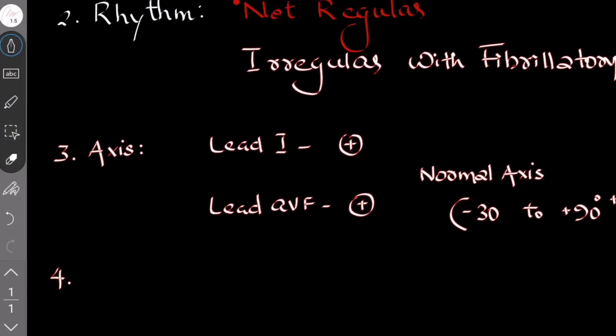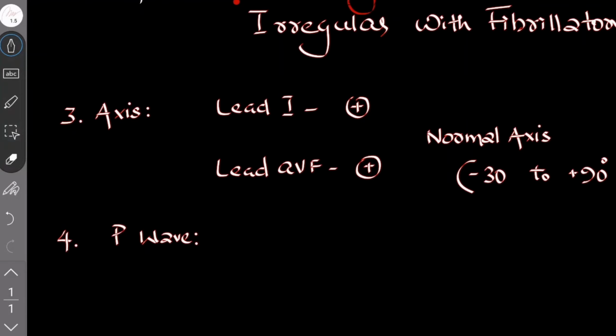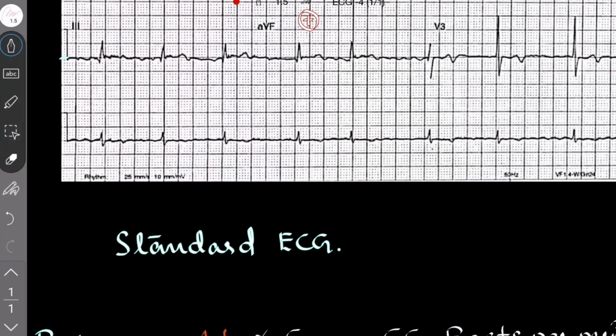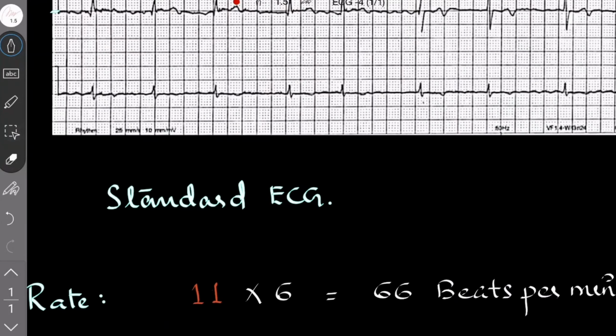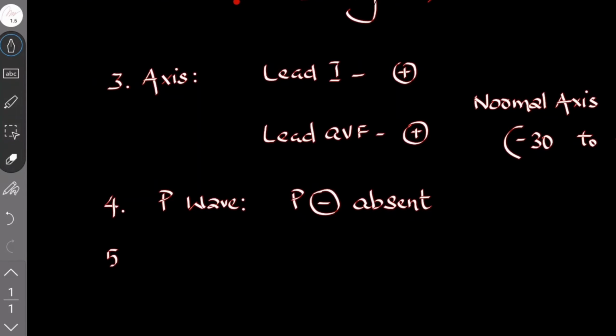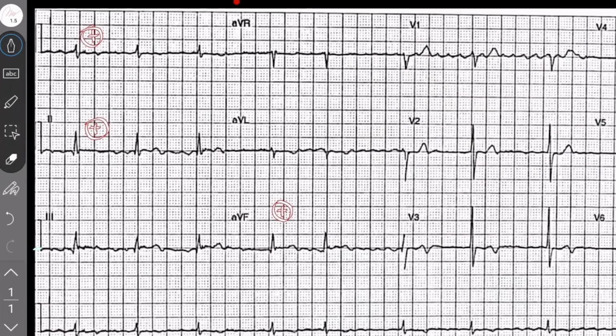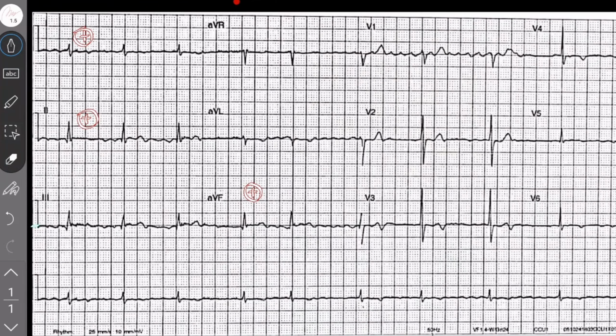Next, we will check the P wave. Is there any P wave abnormality here? In the lead 2 rhythm strip, you cannot find any proper P wave, so we say the P wave is absent. Next, you check the QRS complex for any pathological Q wave in leads 1, 2, 3, and V1 to V4.